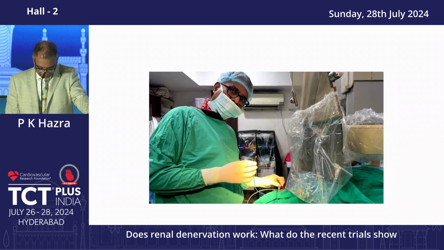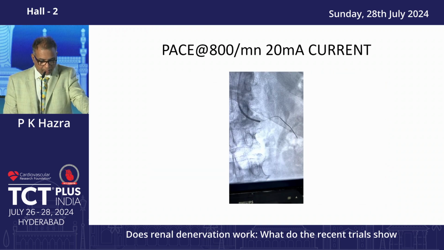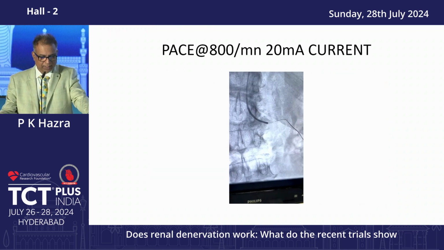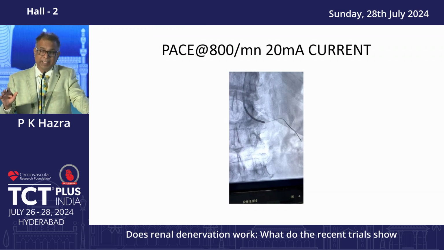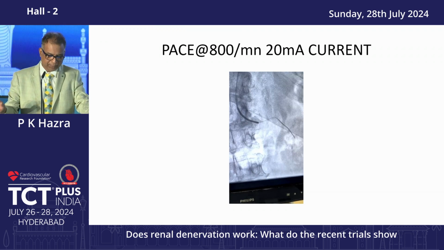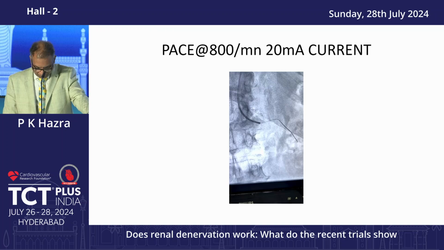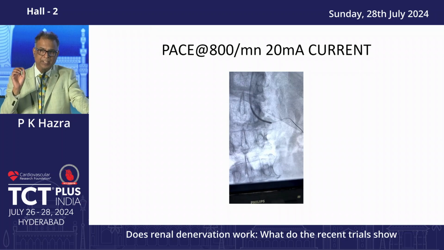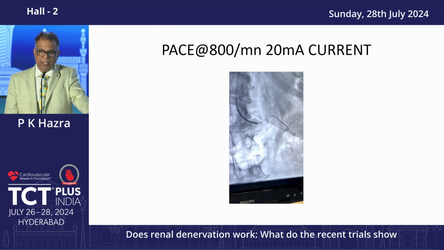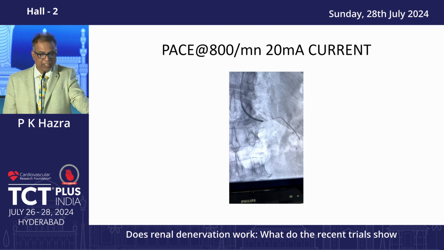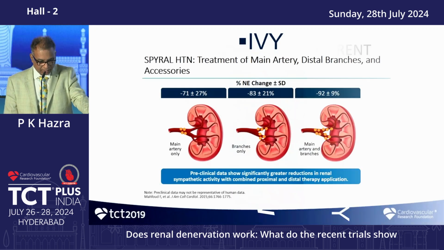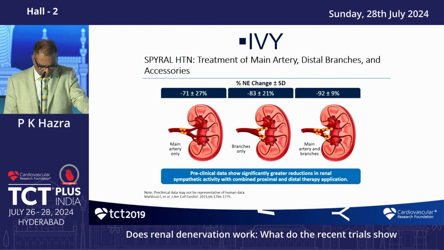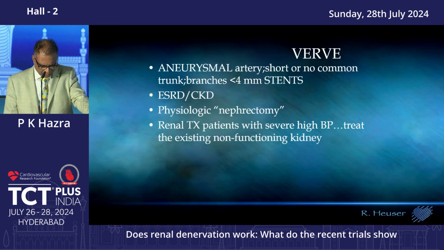If you pace them, usually at 800 per minute is recommended. I do not know how, but it is quite uncomfortable for the patient, so we give some fentanyl-like thing. If you pace them at burst rate, there will be some reduction of blood pressure. Those who have a reduction of blood pressure do better with RDN. There is a study available and published in EuroPCR this time.